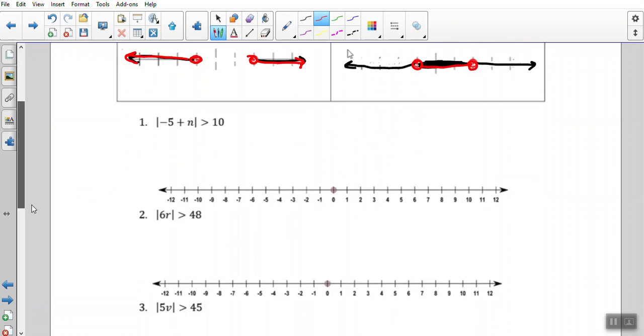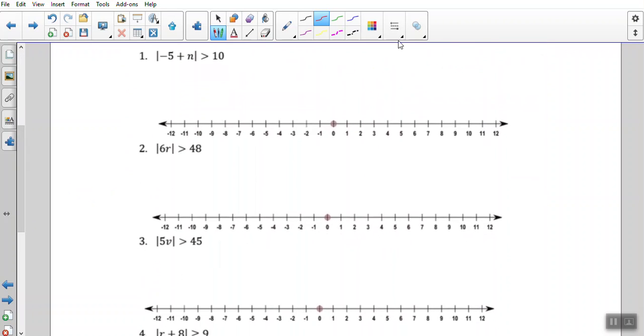Okay, so let's go through our absolute value inequalities. So for this one, it's a greater than, so this is going to be an OR problem. And then let's get started on how we solve this. We solve the inequalities just the same. We start by doing the positive, drop the absolute value, and then we also do the negative.